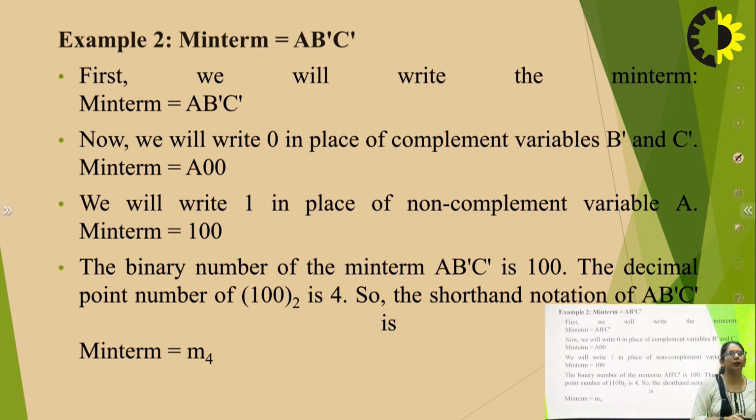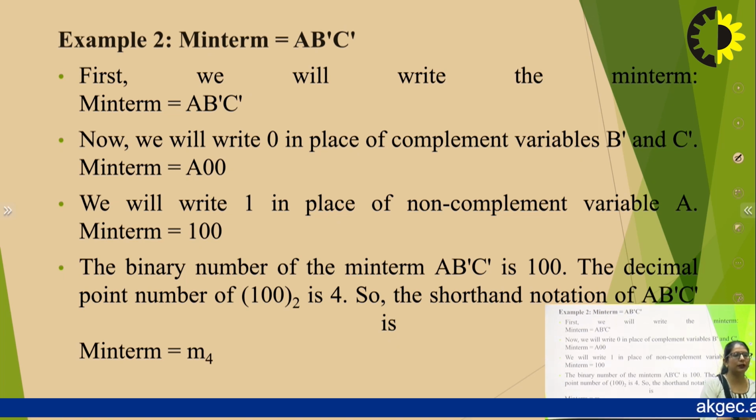Now we need to calculate the minterm of A, B bar, C bar as well. For example, A means 1, B bar means 0, C bar means 0. This is the binary value. So we need to calculate its possible decimal value. As I told you, in the binary to decimal conversion, you can easily write down 4, 2, 1, above 8, 16, 32 in this way, right?